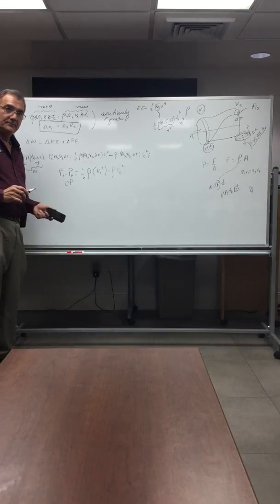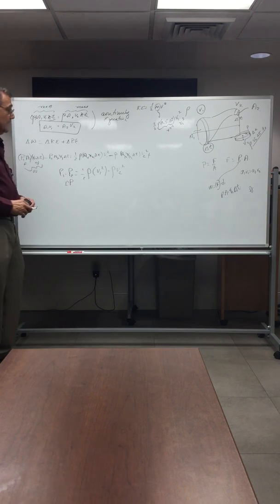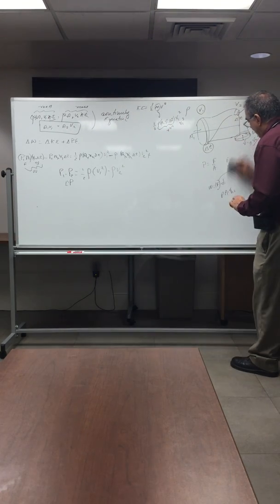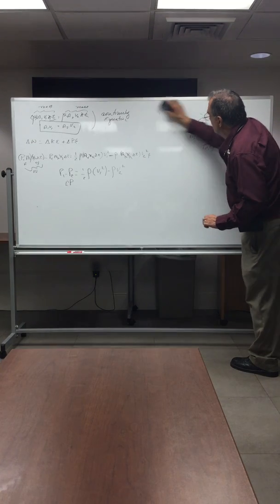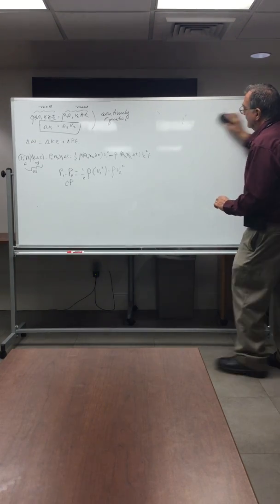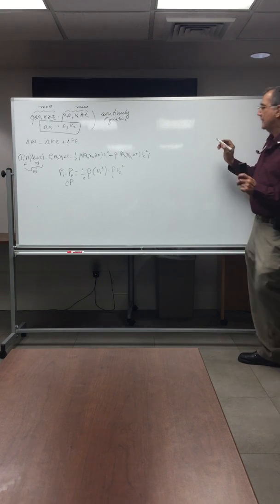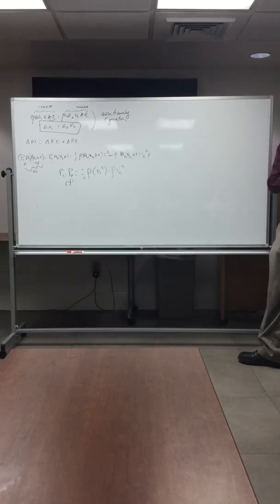But I'm not going to stop there. I'm going to simplify it even more. How am I going to do that? Well, I'm going to go a little bit into calculus now. Remember that when you went to high school, you learned that a differential, which is a rate of change, was given by a definition, right?